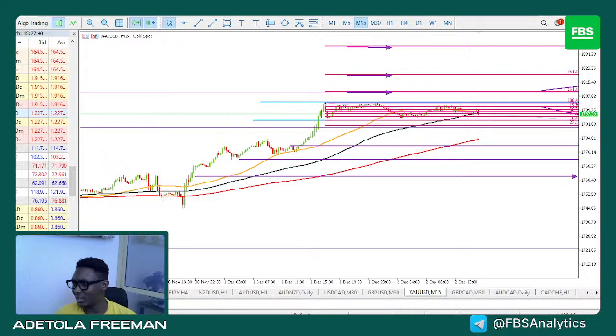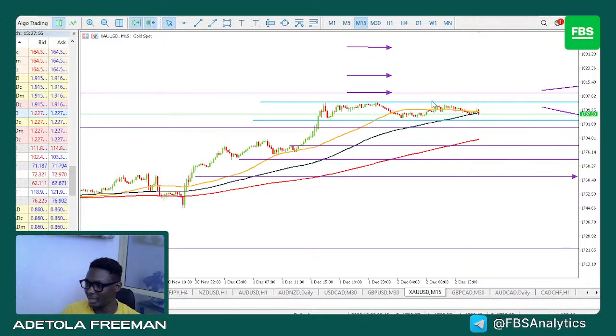So, like I was saying, if we get a breakout of this consolidation area, let me just remove this feed. If we get a breakout of this consolidation area, our TPs are going to be over here. The first one for the buy is 1809.